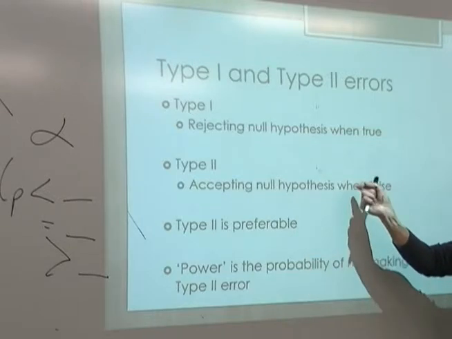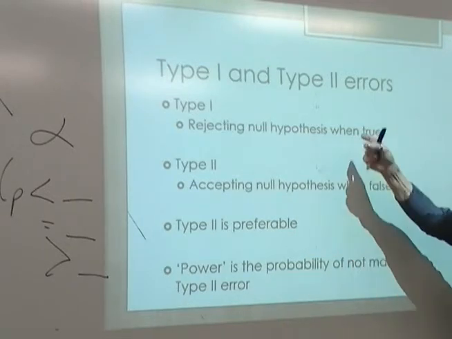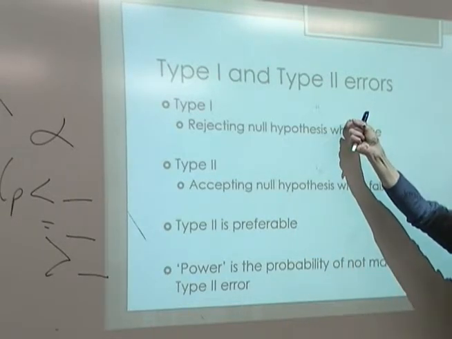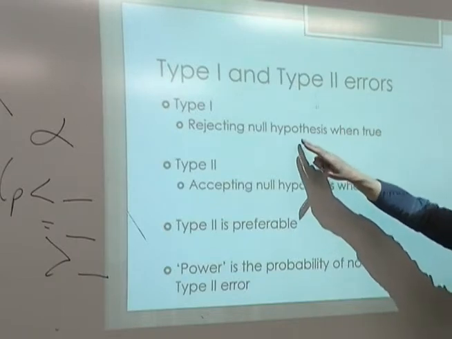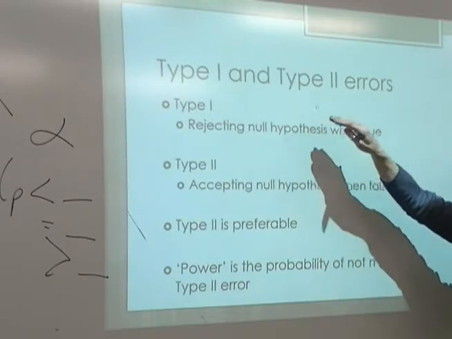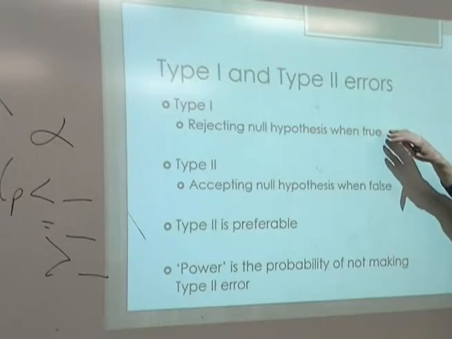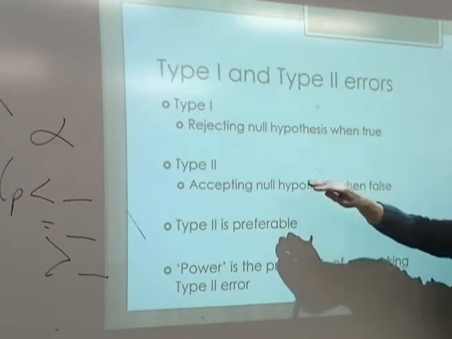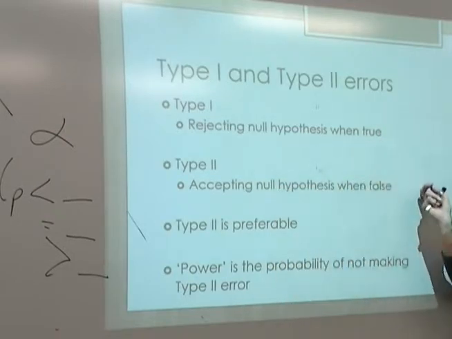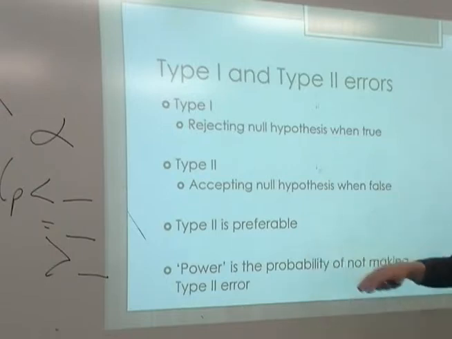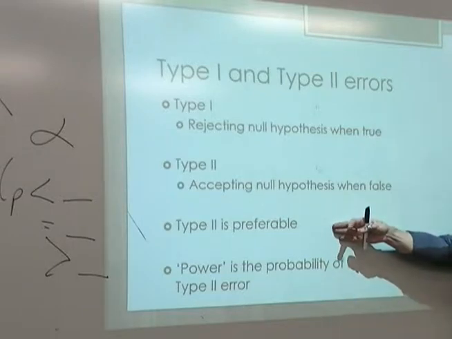Because I'm not going to kill someone this way, and I could kill someone this way, right? So if I say I'm right when actually I'm wrong, that's a worse error than saying I'm wrong when actually I'm right. Okay? So type 2 is a preferable error.